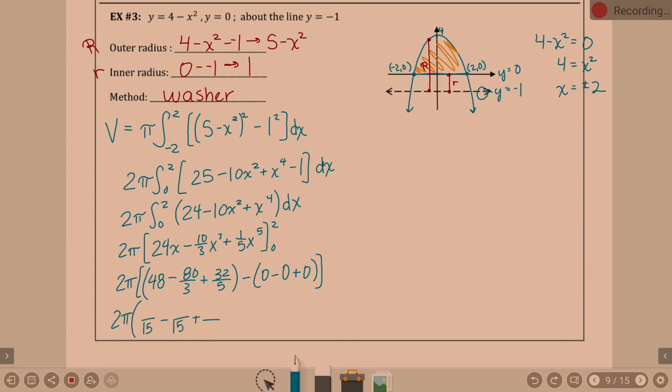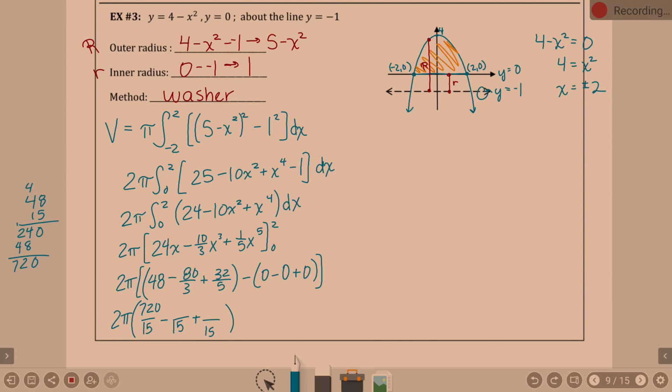So, off to the side. Ugh. 48 times 15, really? Oh, 8 times 5. I'm just doing this by hand to prove it can be done, folks.